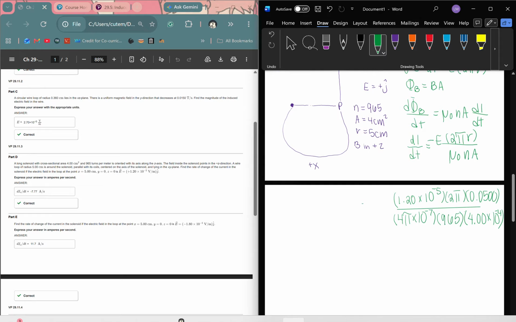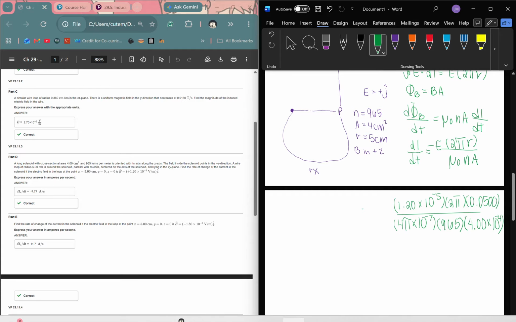I'm going to plug everything into the calculator, and that is going to give me dI/dt equals negative 1.77 times amperes per second.